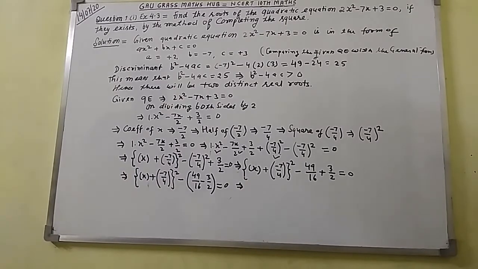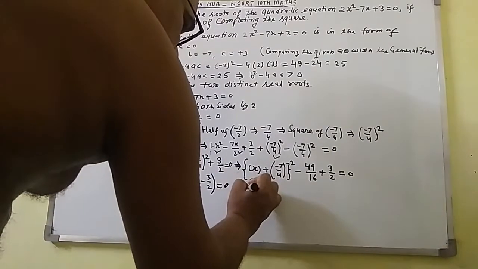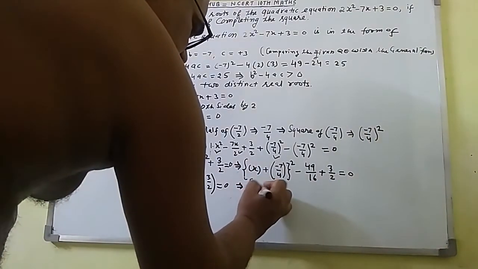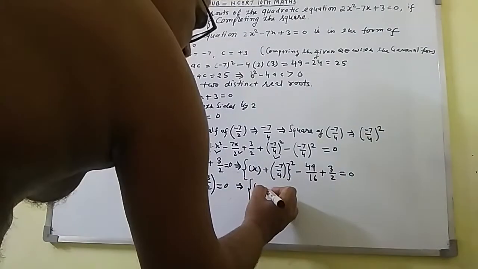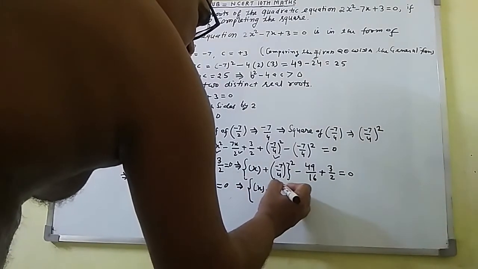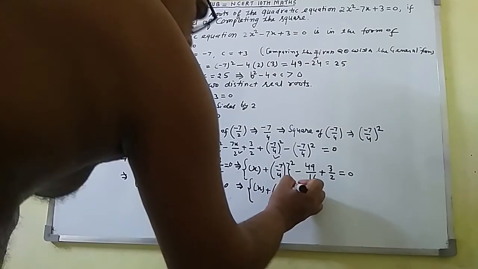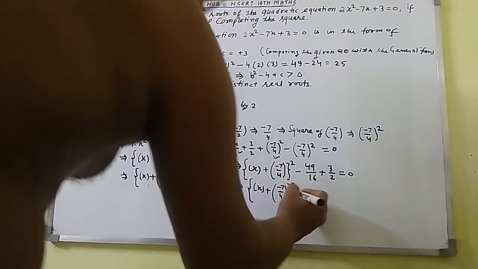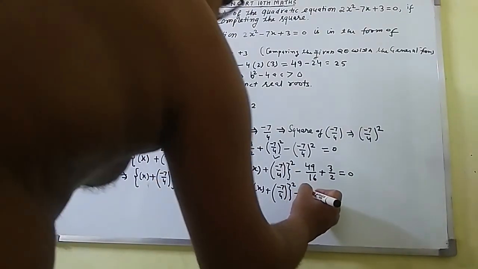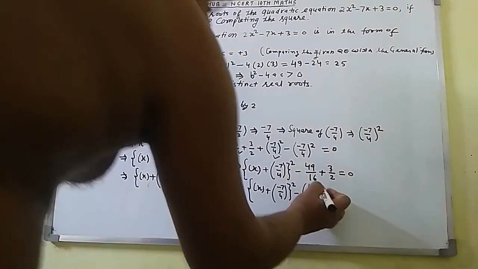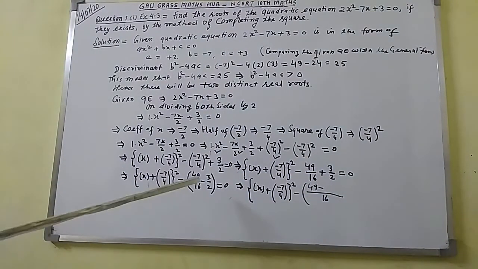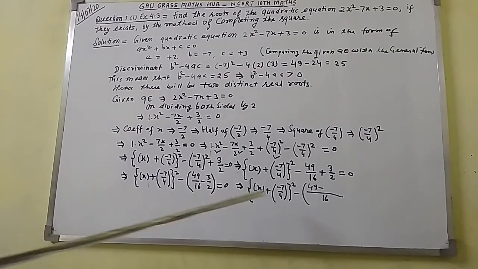So what to do next? Here write curly bracket open, in bracket x plus minus 7 over 4, bracket close, curly bracket close whole square minus. Here do the operation, you get 16. Here it will be 49 minus, take the LCM of 16 and 2, you will get 16.